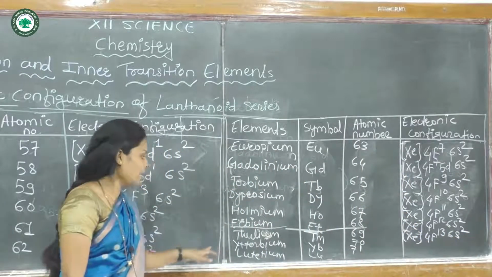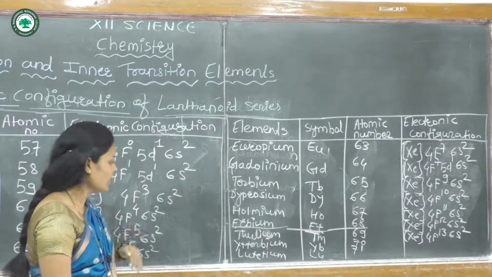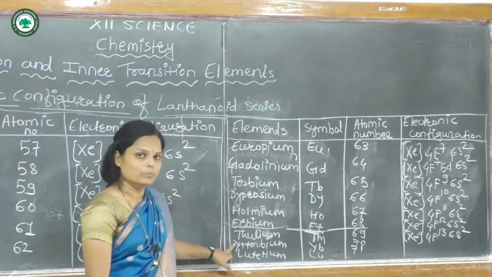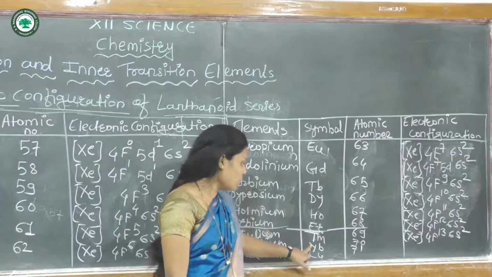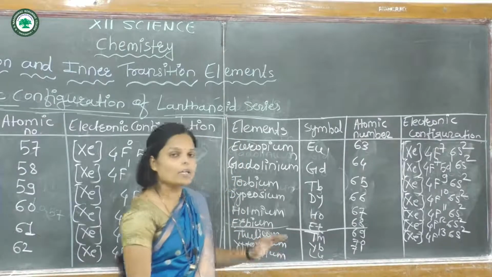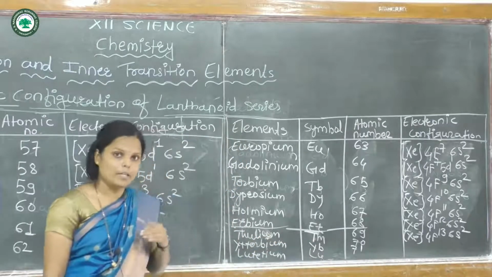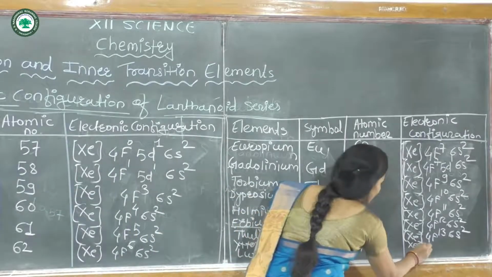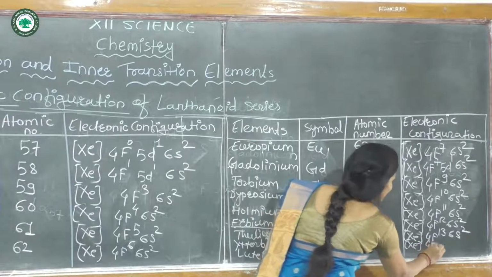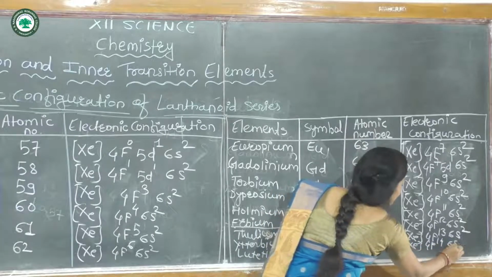Then the next element after thulium is ytterbium. Ytterbium, capital Y, small b, is the symbol of ytterbium, and its atomic number is 70. The electronic configuration is xenon, 4f14 and 6s2.